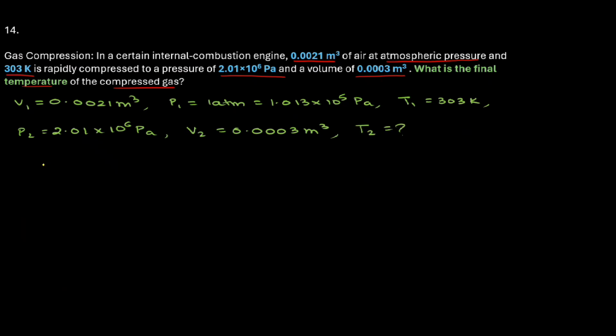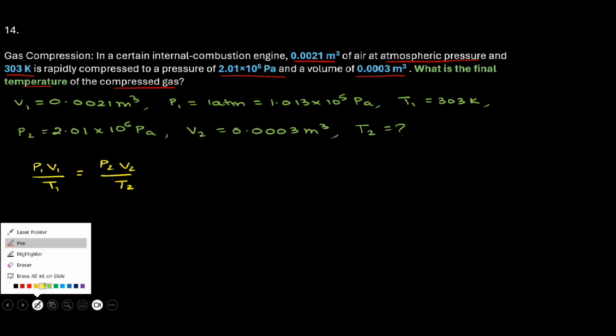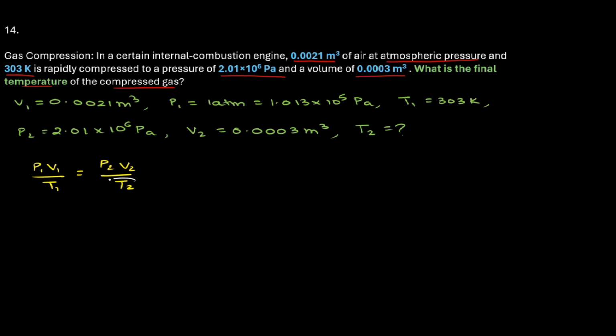So again, we are going to use the combined gas law, which says P1 V1 over T1 equals P2 V2 over T2. I want to find T2. You can just use shift solve because I have all the values given in the question, and I need to just substitute all the values and shift solve to get T2.